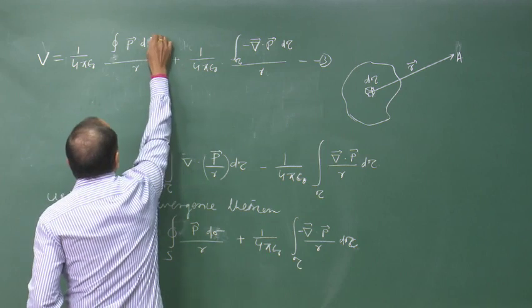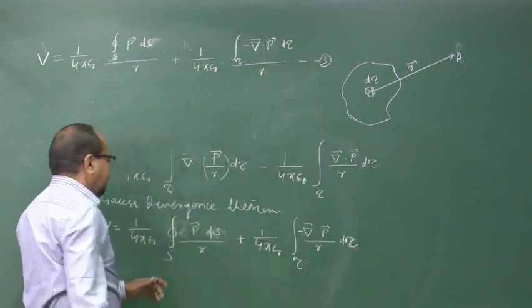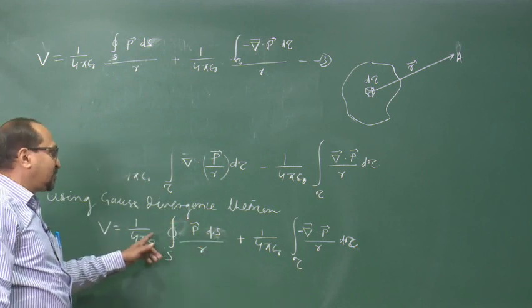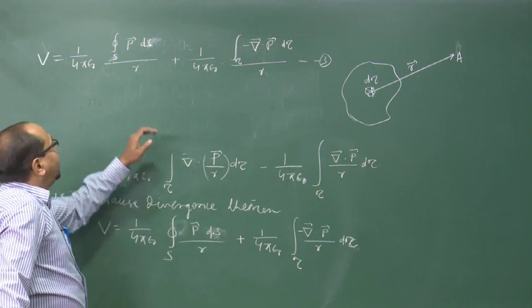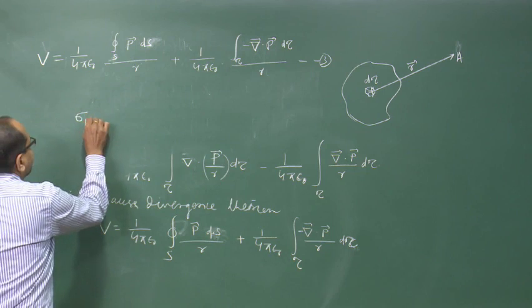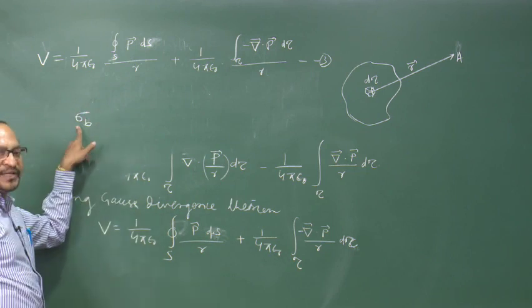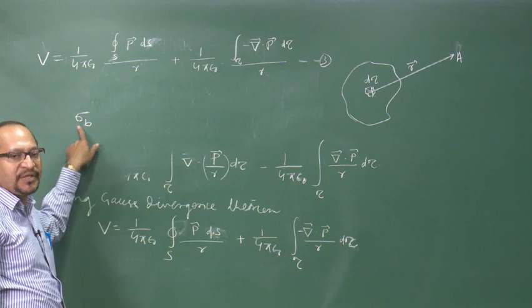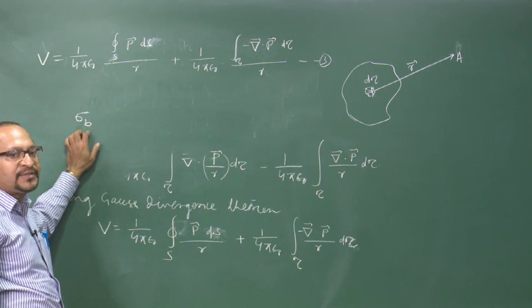Whatever, it is better to write ds, because the volume integral is converted into a surface integral using Gauss divergence theorem. So, this is like our surface charge density sigma B, the charge per unit area. I write a subscript B here to indicate that this is a bound charge.